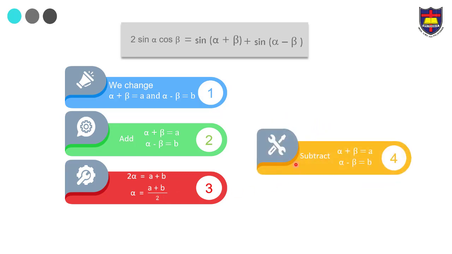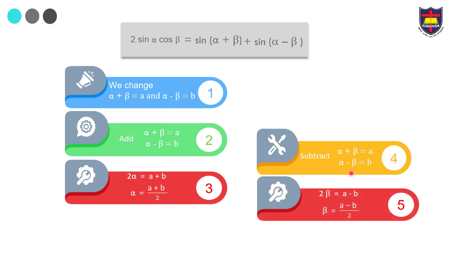Next, when we subtract alpha plus beta and alpha minus beta we get 2 beta, so 2 beta is A minus B, or beta is A minus B over 2.